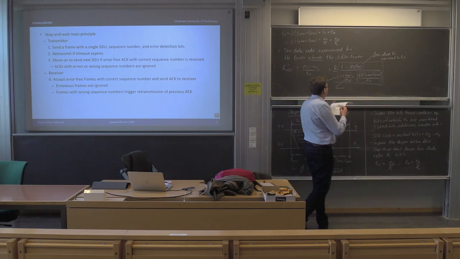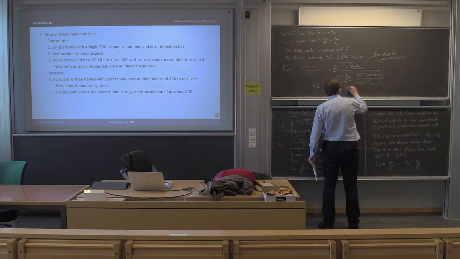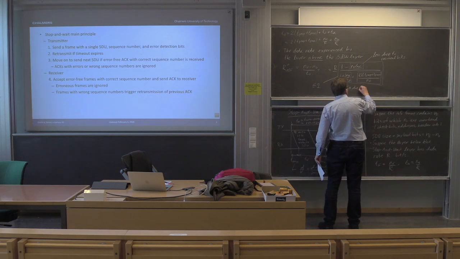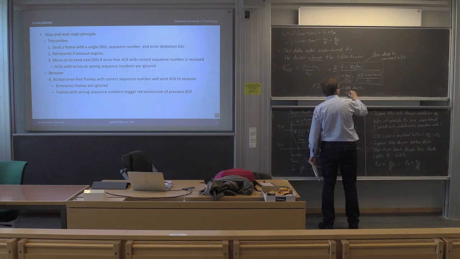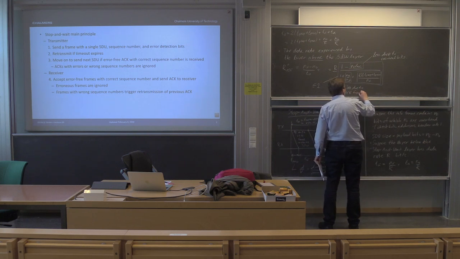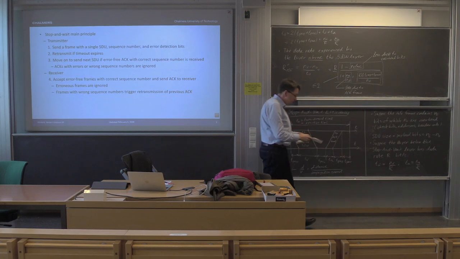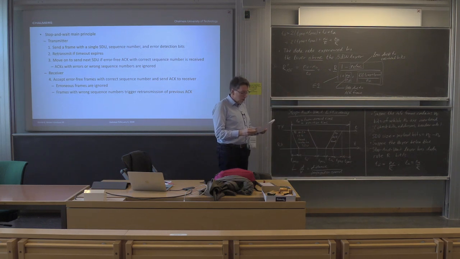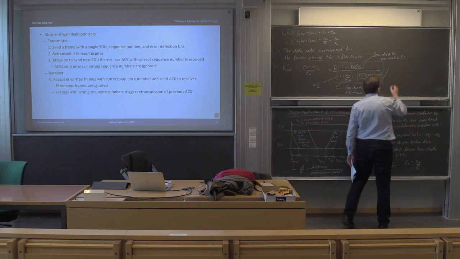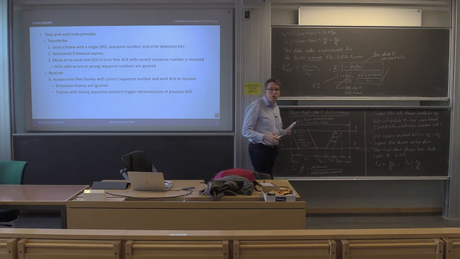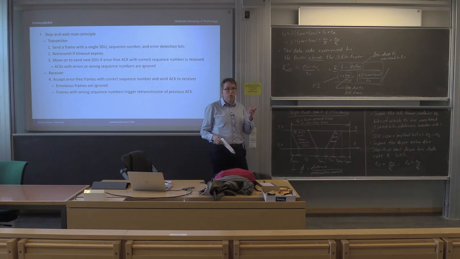So this is loss due to ACK frame, or ACK bits if you like. Okay, so here, however, we have something which is an interesting factor, and this turns out to be the crucial thing for determining the efficiency of stop and wait.